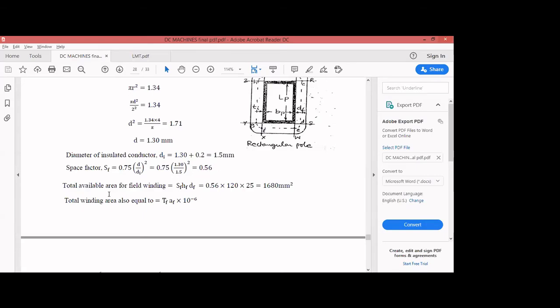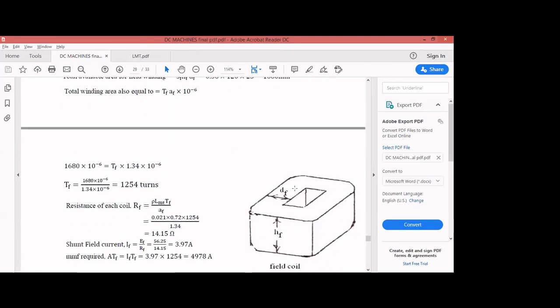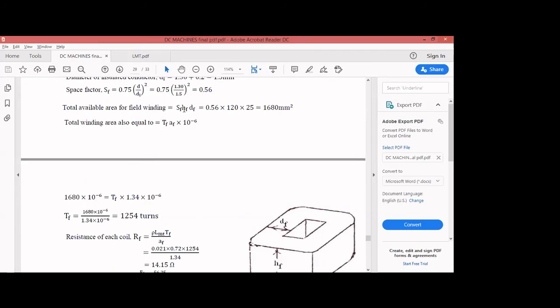So total available area for field winding. The total available area for field winding is, by the formula, the space factor into DF into HF. This is the total available winding area. Nothing but SF, HF into DF. SF is 0.56, then HF, height of the winding, is 120 and DF is 25. What you get here? 1680 mm square.